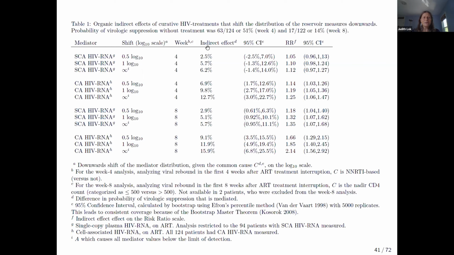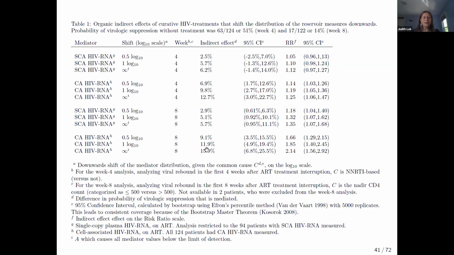And here are the indirect effects that we find for single copy assay. And here are the indirect effects that we find for cell-associated HIV RNA. The week 8 analysis is more interesting from an HIV point of view.